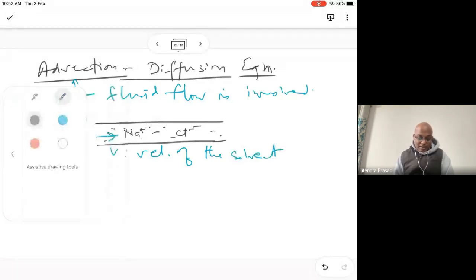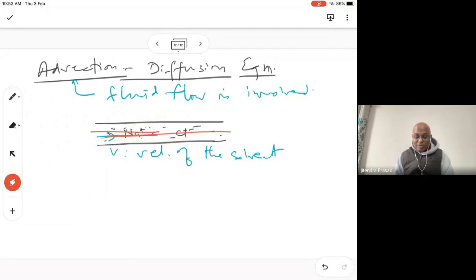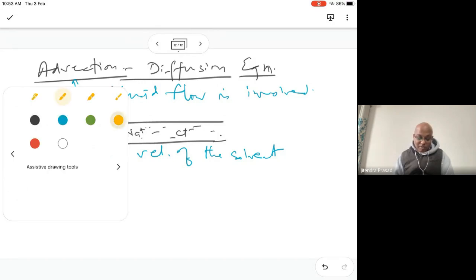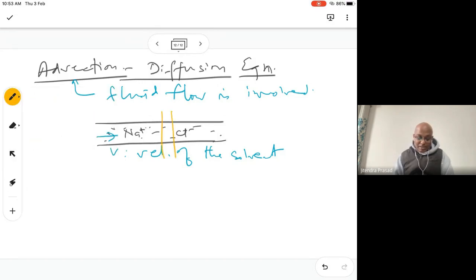NaCl is the solute, and the solvent is also moving. Because of that, it will be a little bit complicated. In that case, how will you find out? The same way as before, this is dx, the control volume we will work on.